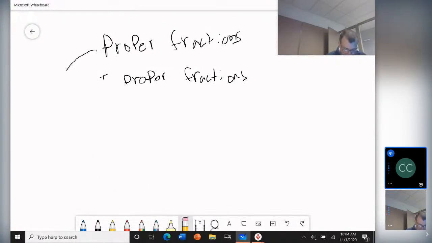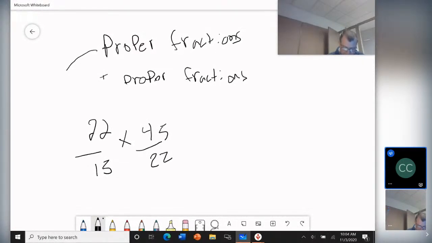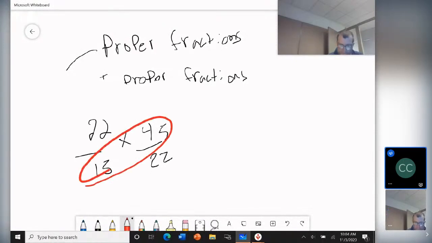Another one Casey used yesterday, I think we had 22 over 15 times 45 over 22. And when you're cross multiplying, I think you're going to get, he used 5. So 5 goes into 15 3 times, and it goes into 45 9 times. This is actually 42.